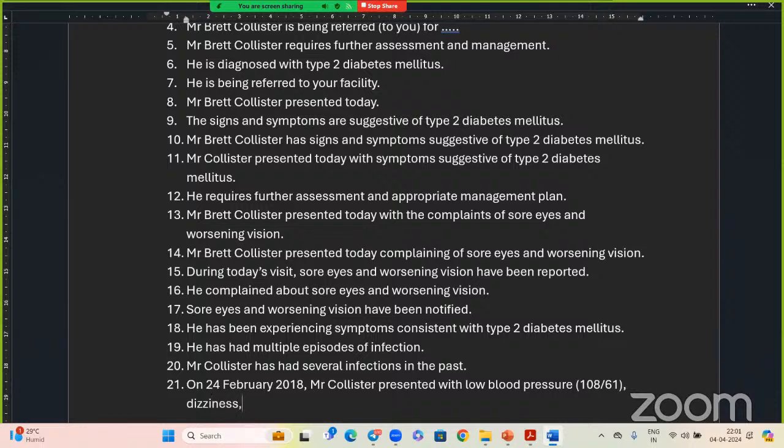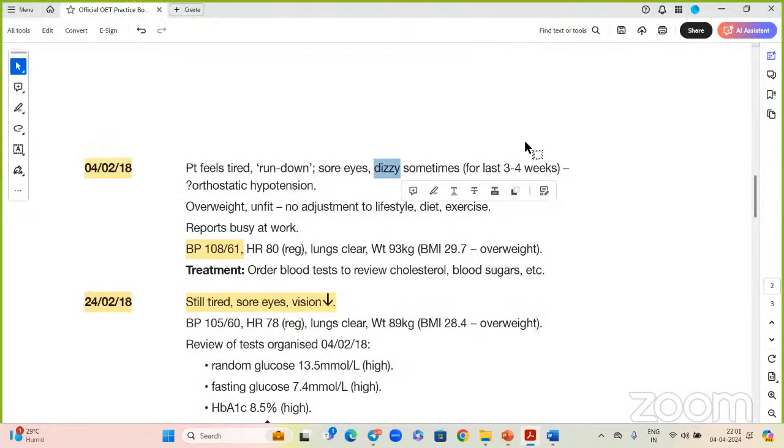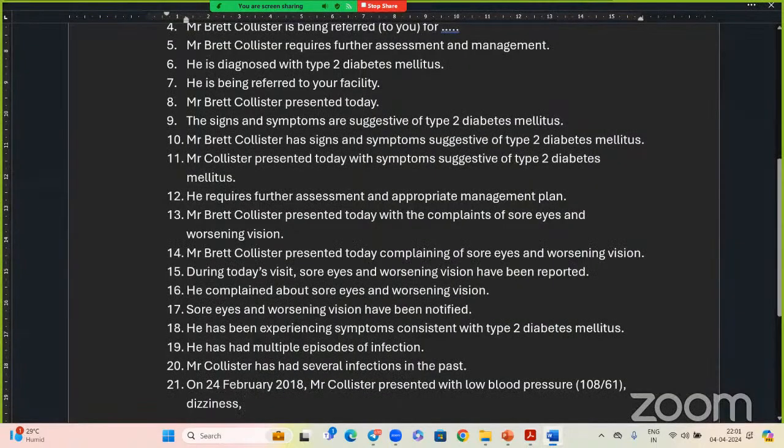Okay, that you can write. Then what else can you write? Dizziness. When is it happening? Sometimes, for the last 3 to 4 weeks. Sometimes only. Means on and off. Okay. Dizziness on some occasions. Or you can say intermittent, coming and going like that. You can write intermittent dizziness.